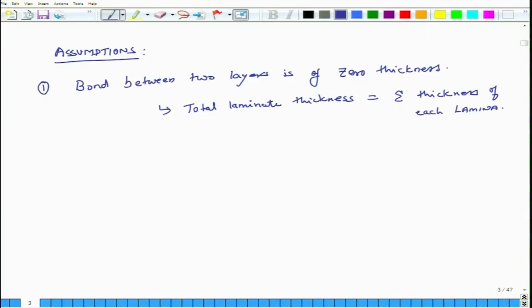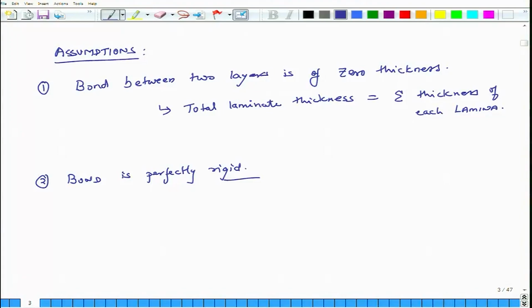The second assumption we will make is that the bond is perfectly rigid. So, the bond between two adjacent layers is perfectly rigid. Now, that has a very significant implication.